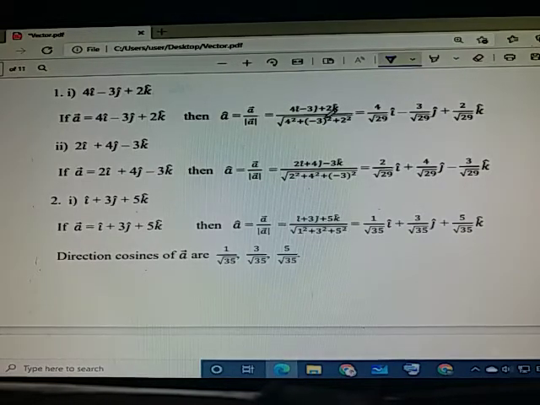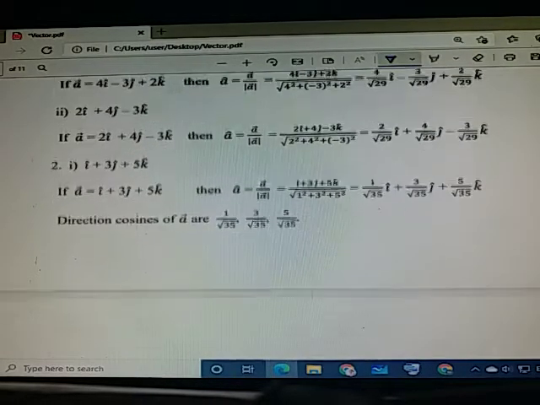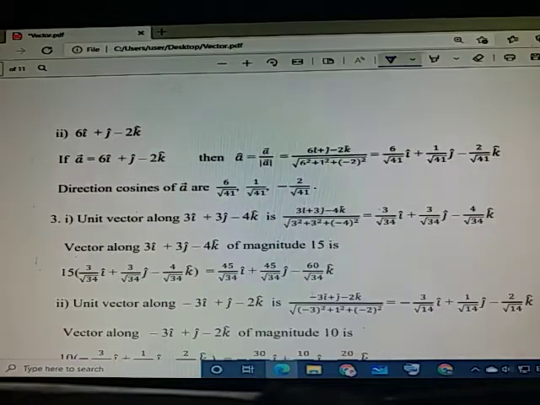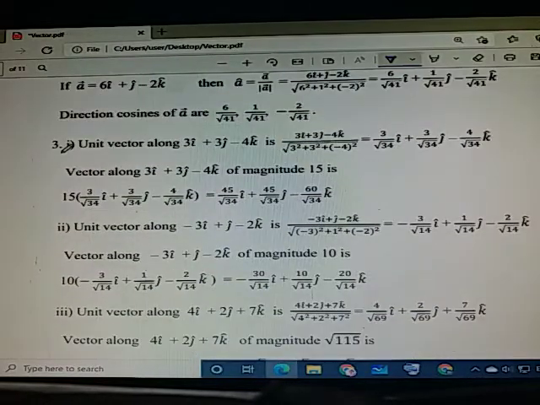It is unique. So this is number 2: you have to find the direction cosines. It is a unit vector, and these are the components. Then you have to find the unit vector along this.